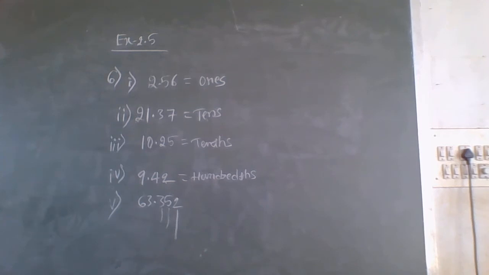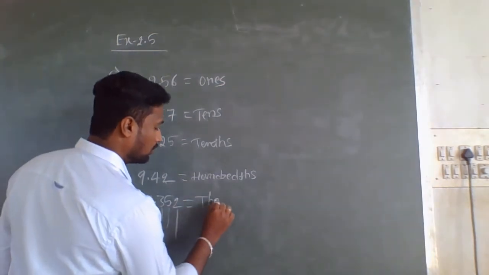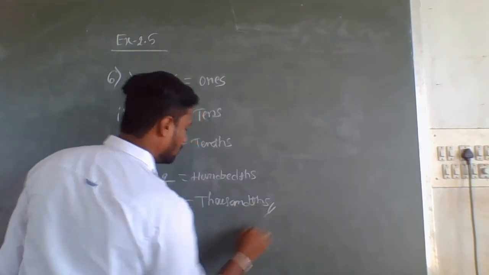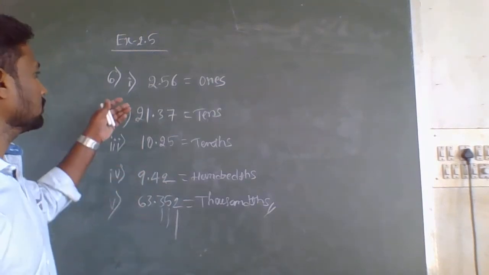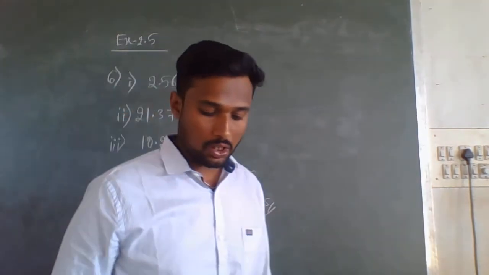Therefore this is thousandths position. So here I will write thousandths position. So here we mention the position of the value 2 in all the decimal numbers.